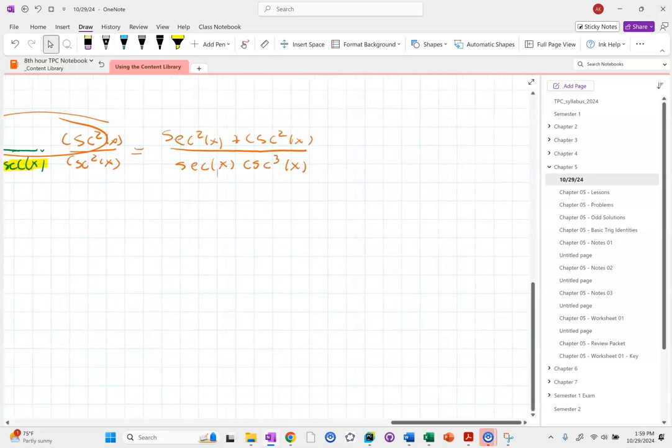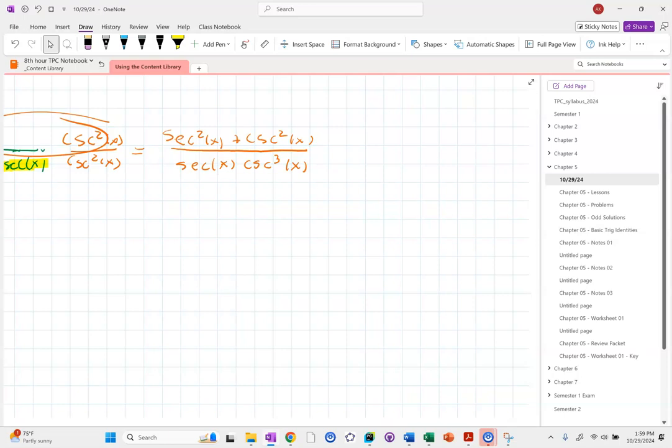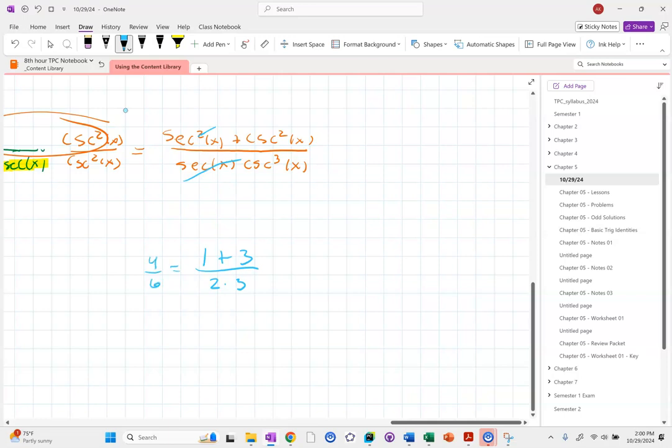All right, what do you got here for ideas? Algebra. Okay, what algebra thing do you want to do? Cross out the secants. So you want to do that, right? Let me ask you this question. If I have this problem, that should be 4/6, right?